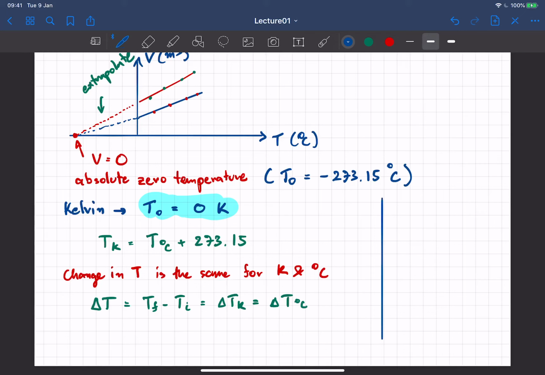So in Kelvin, that's going to be exactly 273.15 Kelvin. So if I indicate that line here, 273 roughly Kelvin, that's when water freezes, right at this temperature.